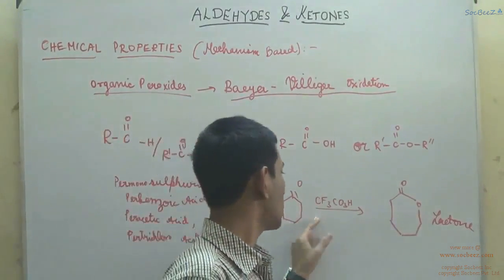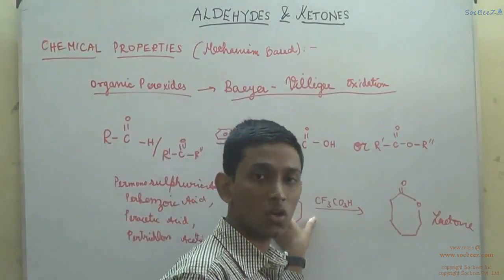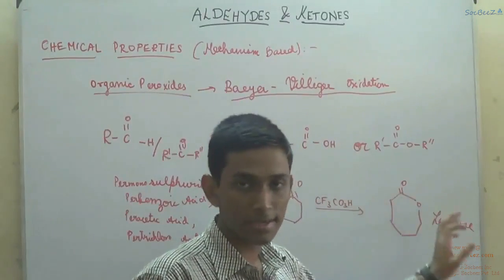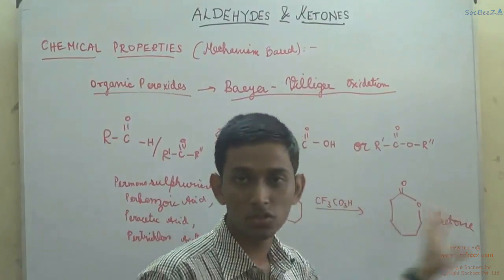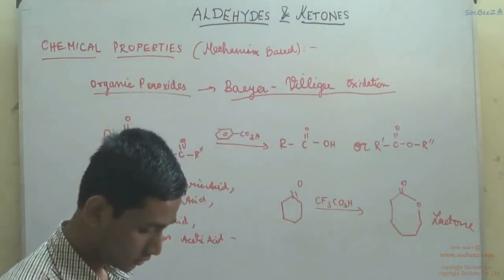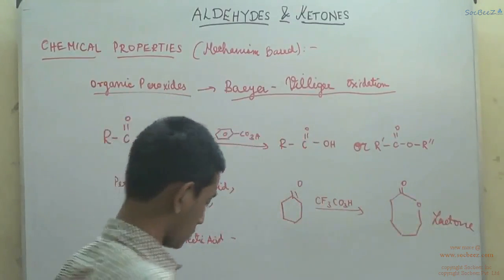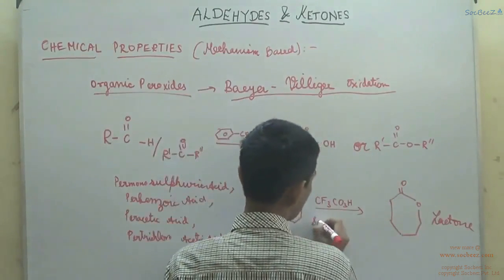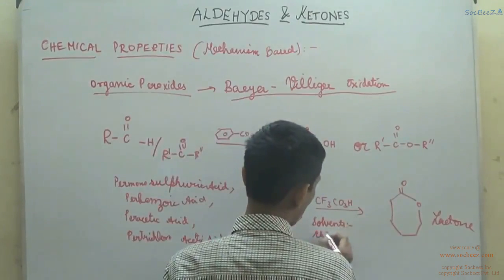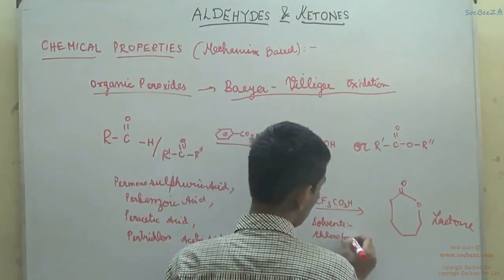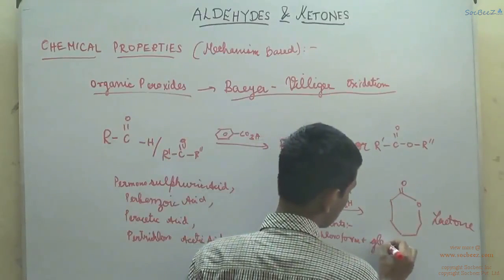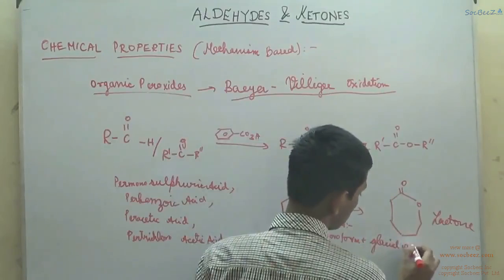What you get is that the cyclic ketones undergo ring expansion to give rise to lactones. This is a lactone: cyclic ketones ring expand to lactone in the presence of pertrifluoroacetic acid. So what are the solvents that you use? The solvents that you use are chloroform and glacial acetic acid.